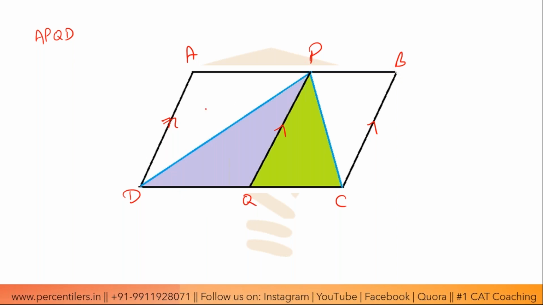DP is the diagonal. So this area is equal to this area, and similarly this area is equal to this area. So in both the parallelograms, half the area is inside the triangle, half the area outside the triangle.